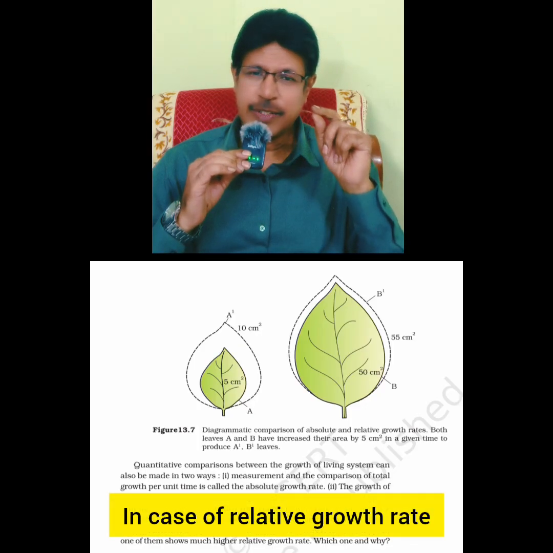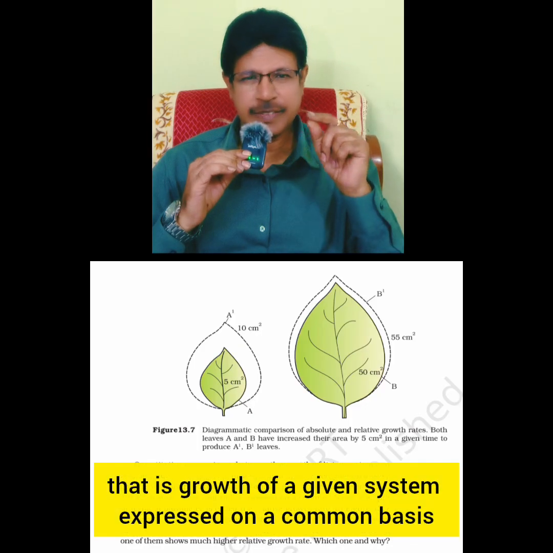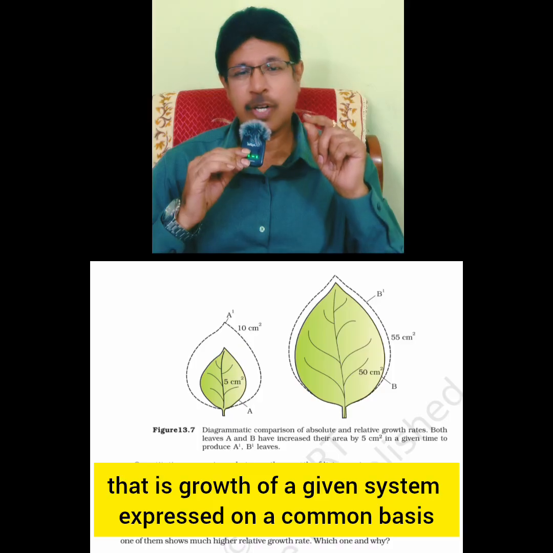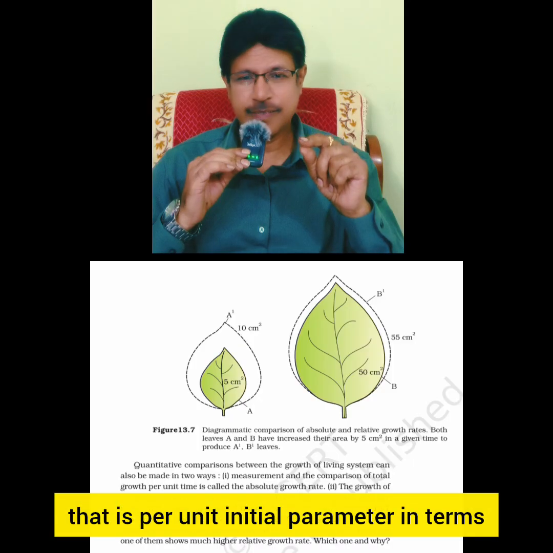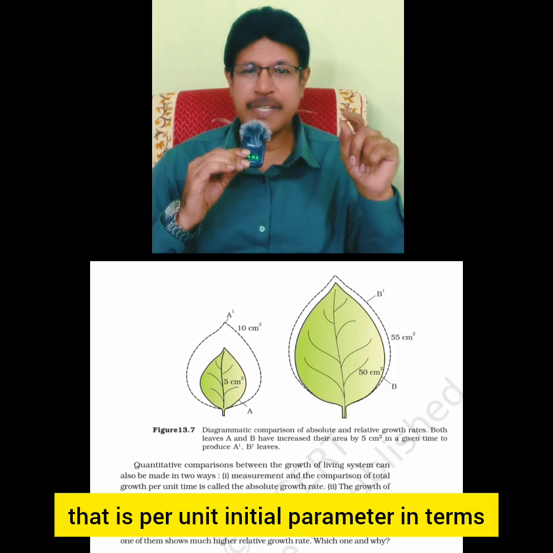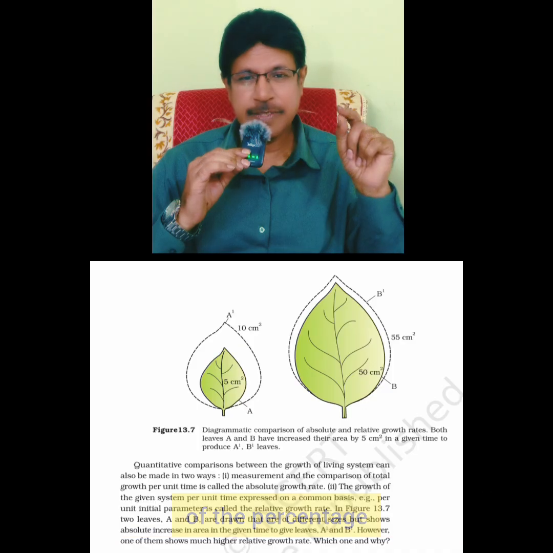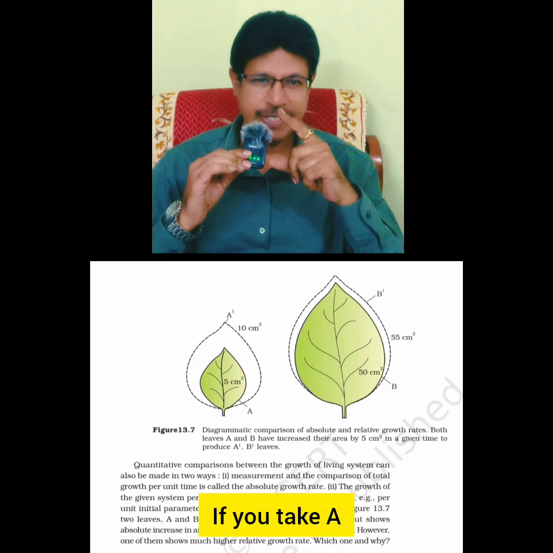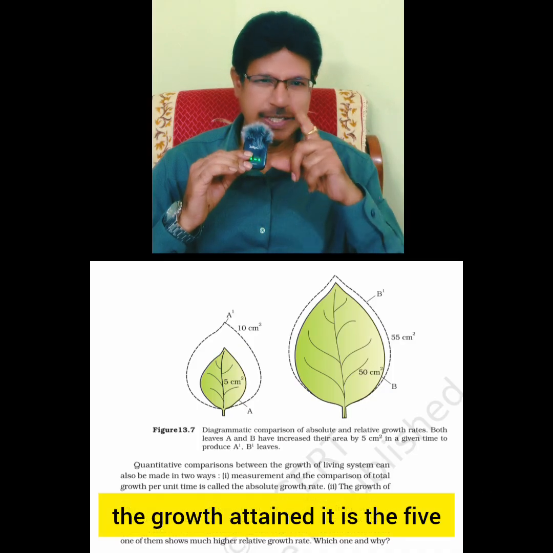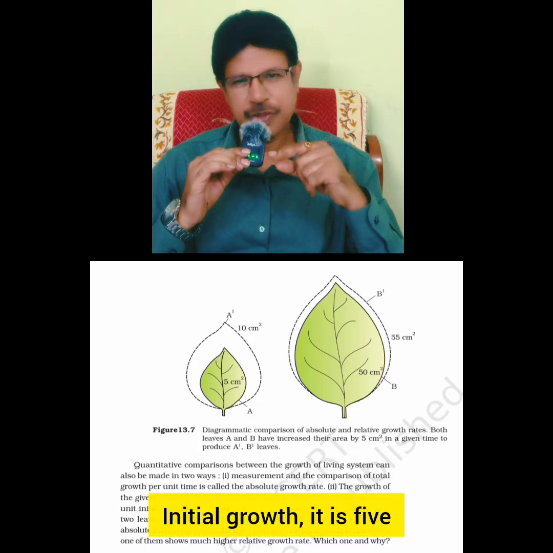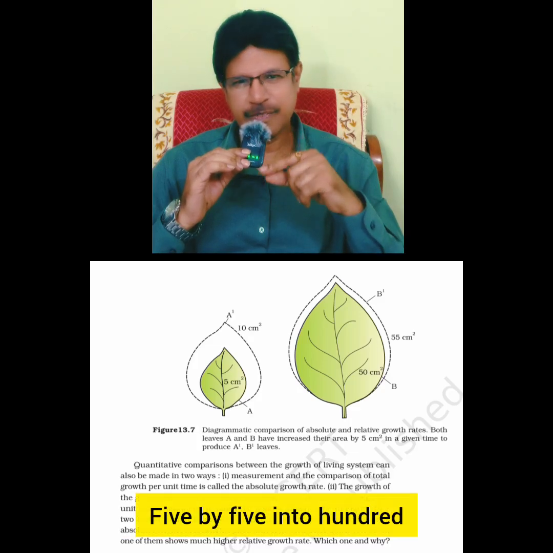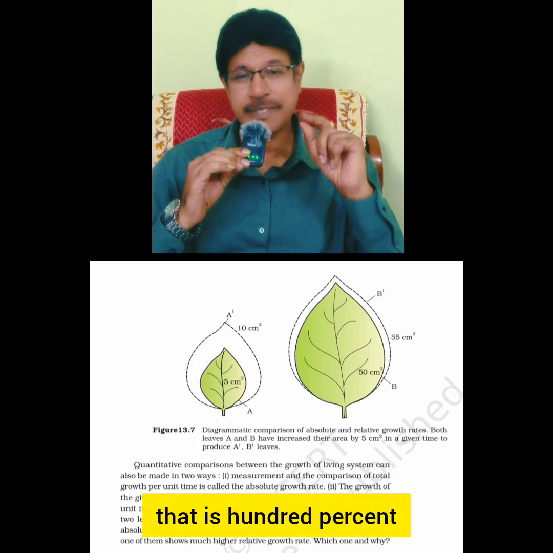In case of relative growth rate, that is growth of a given system expressed on a common basis, that is per unit initial parameter in terms of percentage. If you take A, the growth attained is 5, initial growth is 5. 5 by 5 into 100, that is 100%.